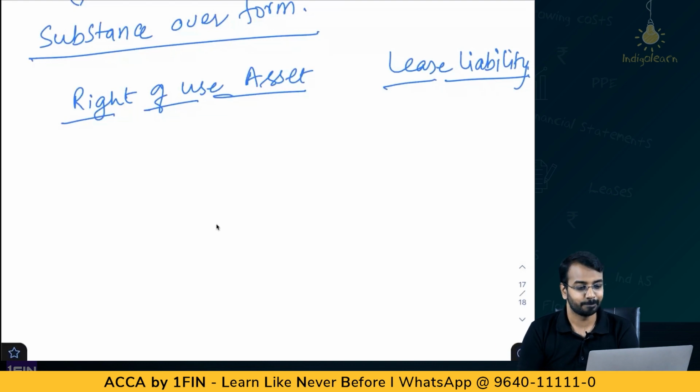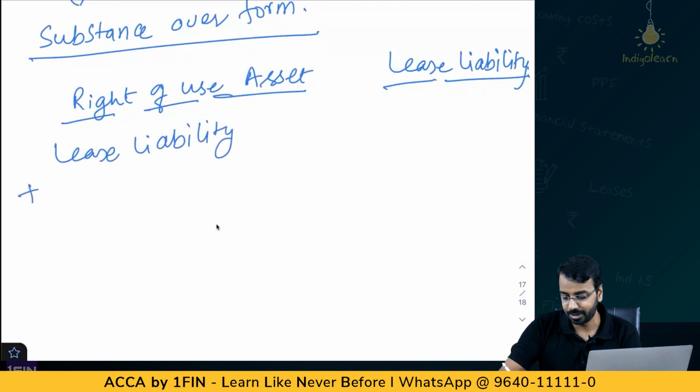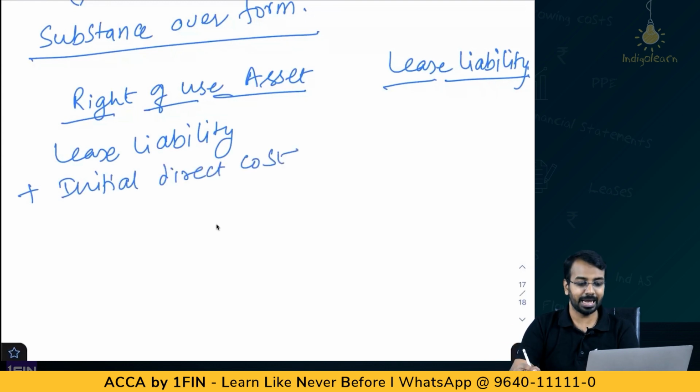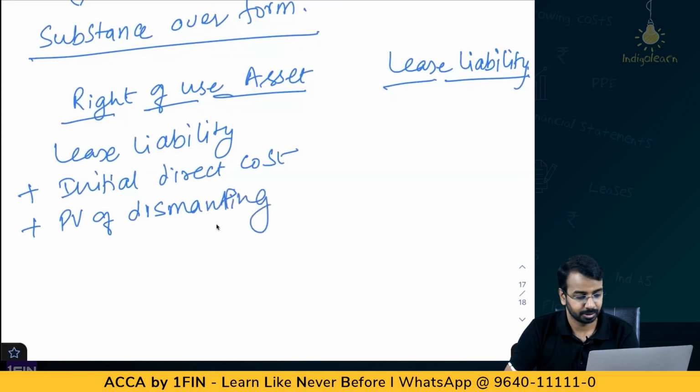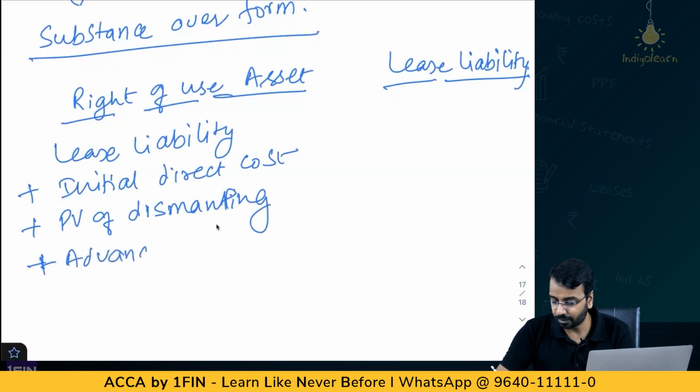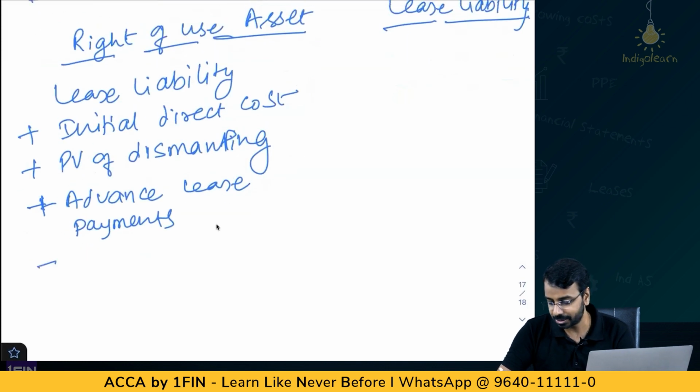Now, what is this right of use asset? Right of use asset is nothing but your lease liability plus initial direct cost, plus present value of dismantling expense, plus advance lease payments, minus lease incentives.